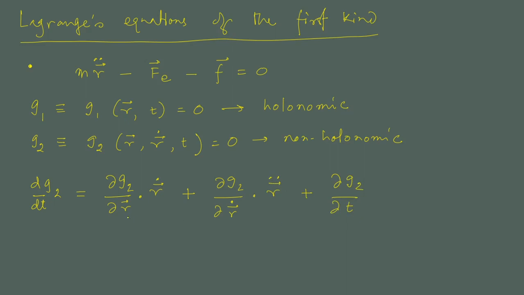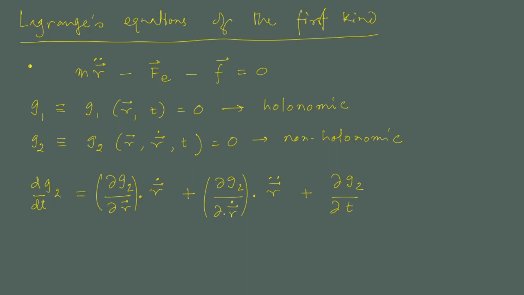Now look at the first term here. This bracketed term could be a function of position, velocity, and time. It's not a function of acceleration. There are no r double dot in this expression. And this is, of course, velocity. And the del g2 by del r dot could also be a function of position, velocity, and time.